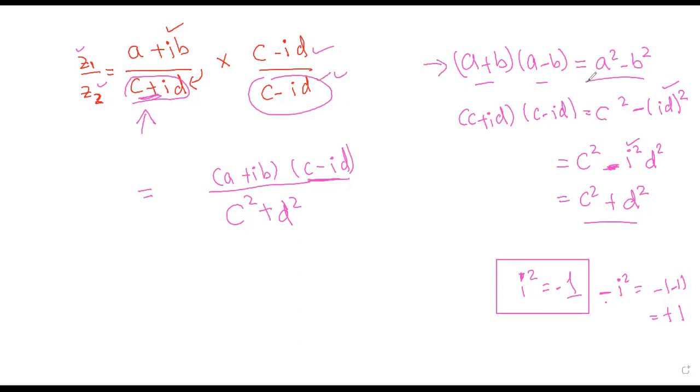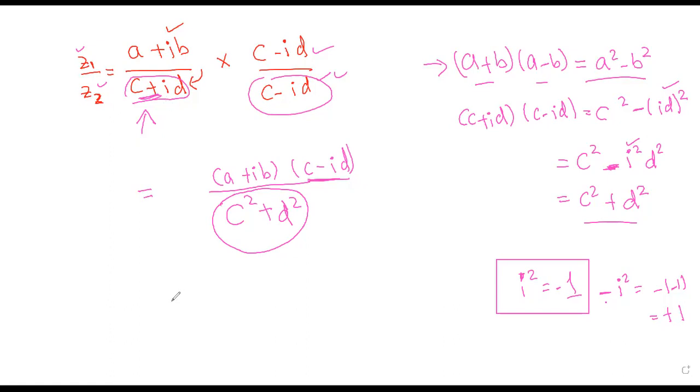And when I get this form, I will get iota square, and the complex part is cancelled, right? When we have iota square, we can write it as minus 1. So finally, we have c square plus d square. Now, c square plus d square is not a complex number anymore, okay, in the denominator. It is clear. All right.